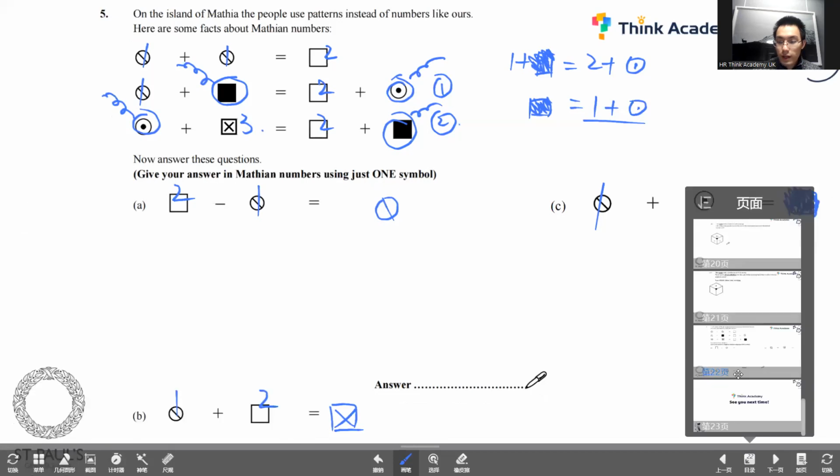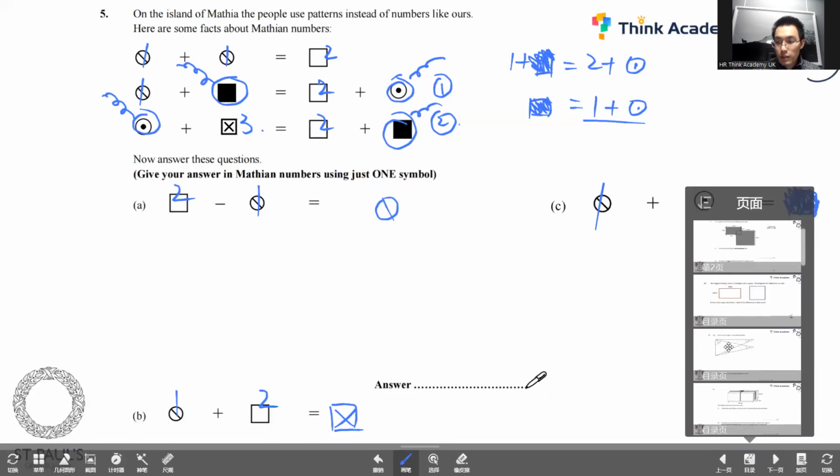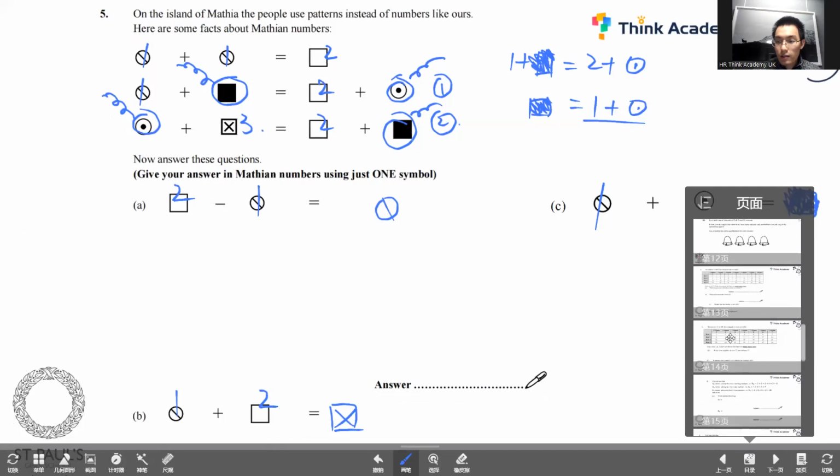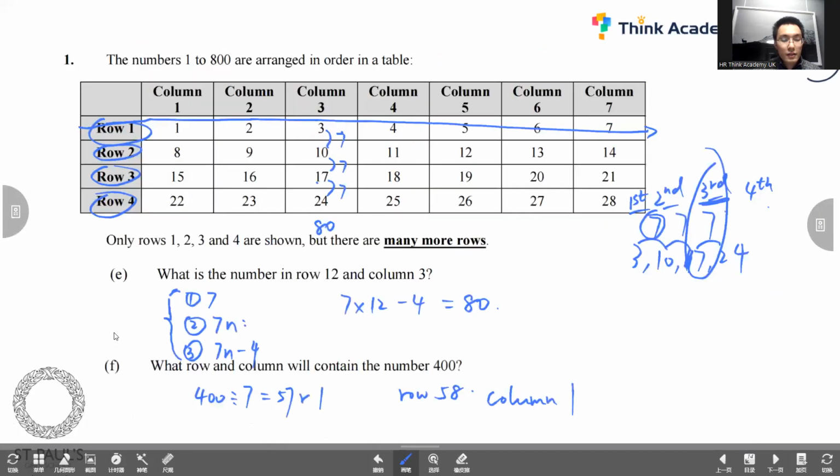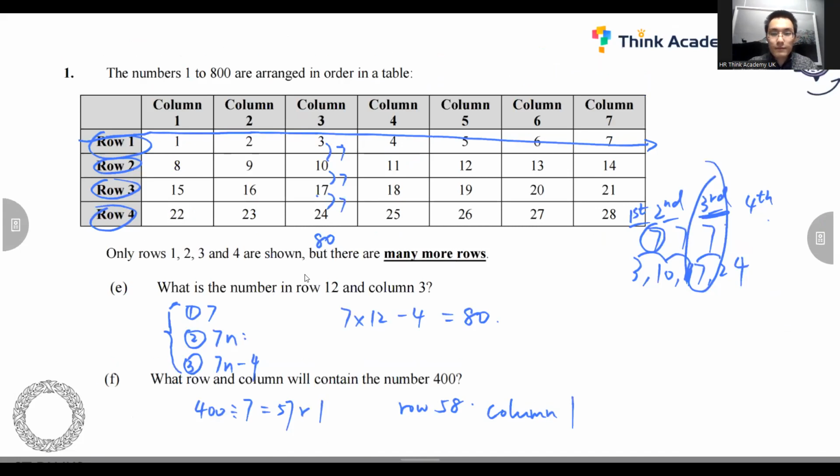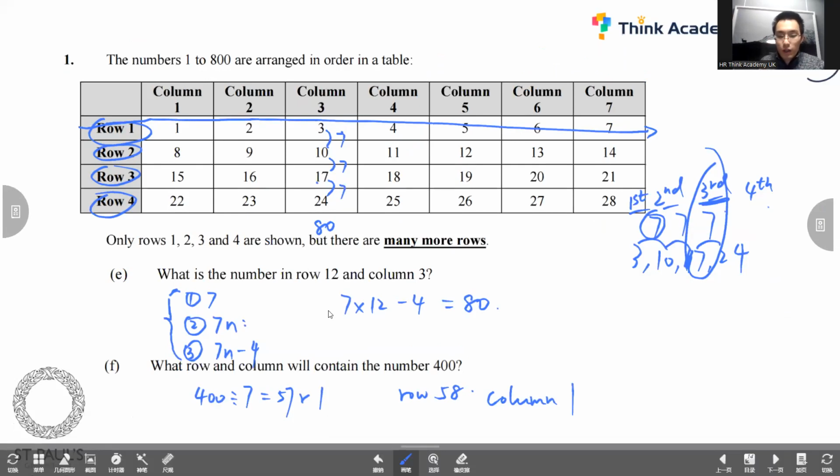Let me just get back to 2E real quick. Is it this one? This one over here, right? Okay. So if you're not happy with the general term method, sure, no problem.